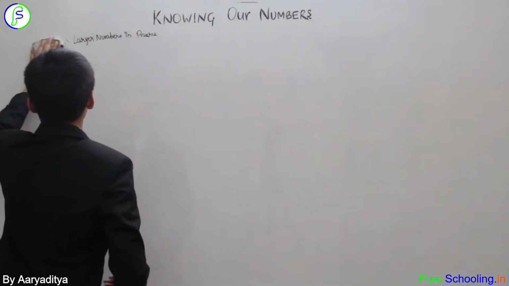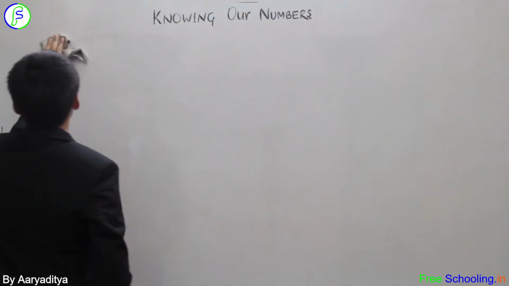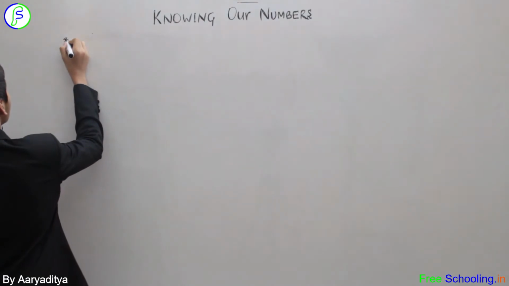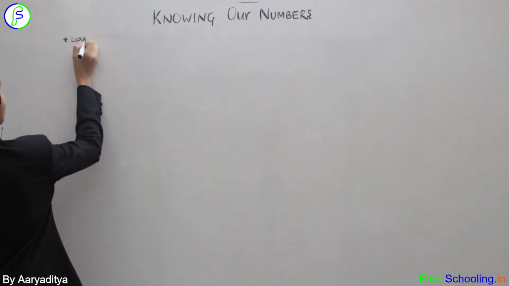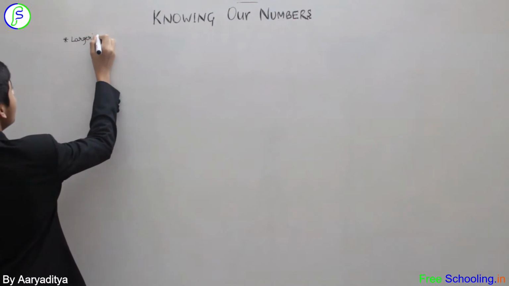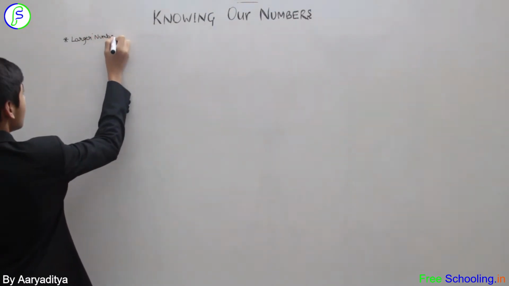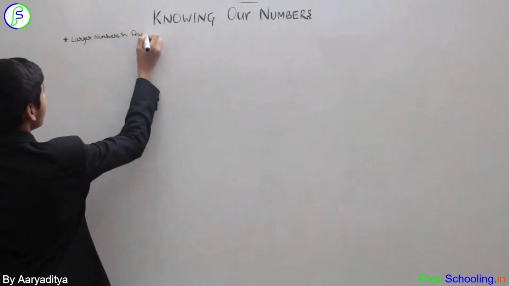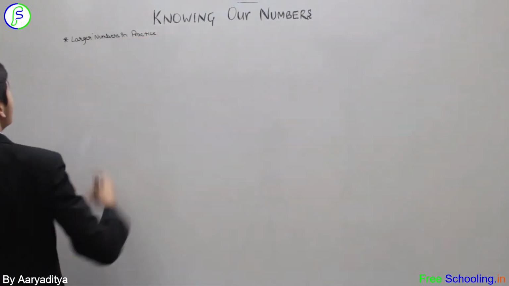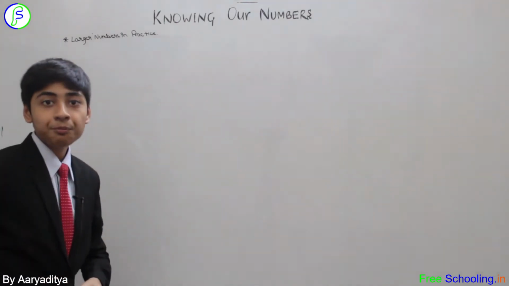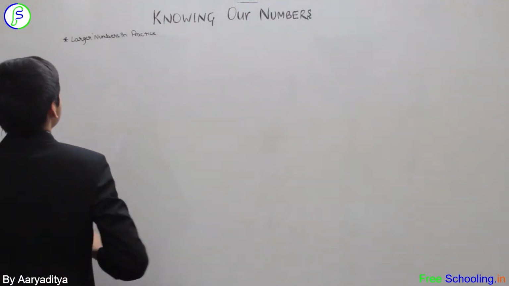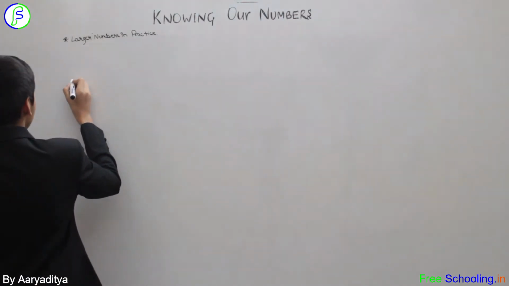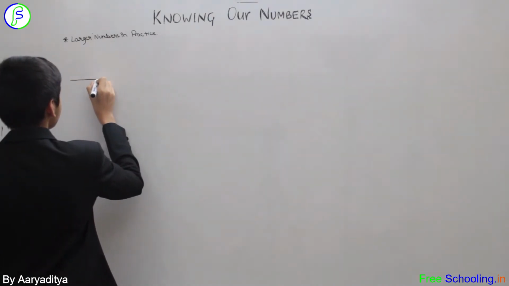Let me write this one again. Larger numbers in practice. Okay, so let's start with this one. What does it say? Okay, so let me make a line.